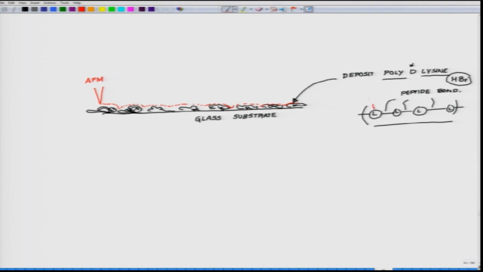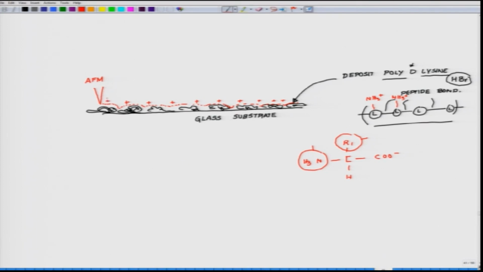This has a bunch of positive NH3 groups popping out from the amine terminal. If you remember, an amino acid has a COO terminal on one side, an amino group on the other side, an R group and an H. A few of these amino groups are present here also, and these pop out.